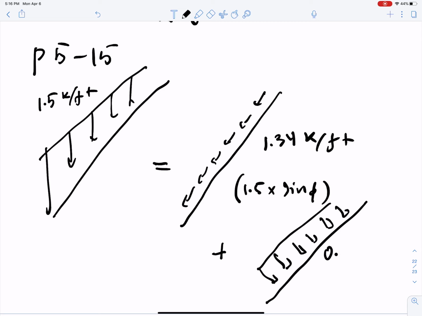And here we get 0.67 kilopounds per foot, and this is 1.5 times cosine phi. So just a simple decomposition of the vector into the x and y components. Good.